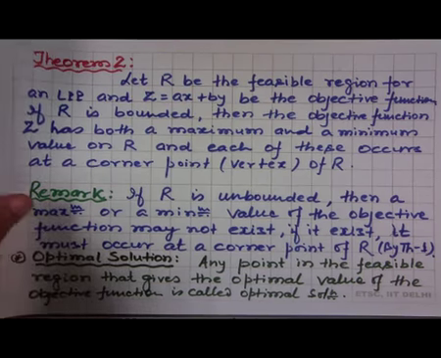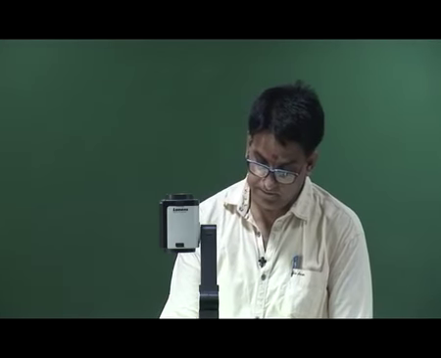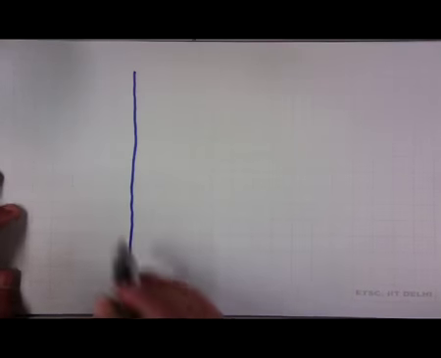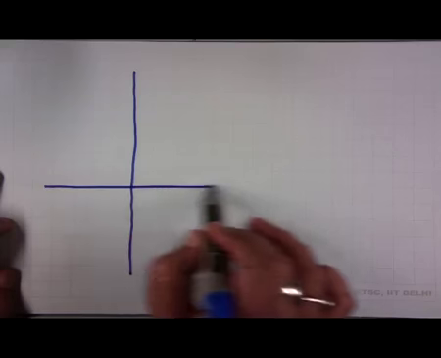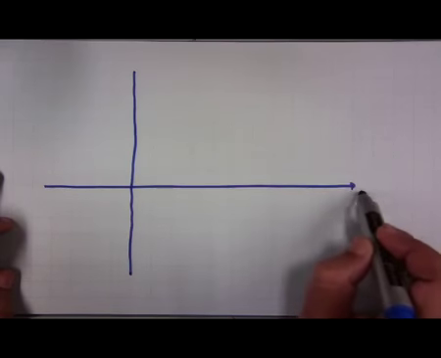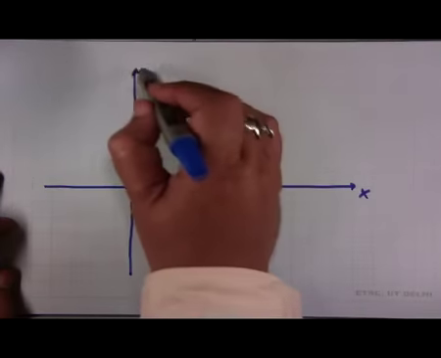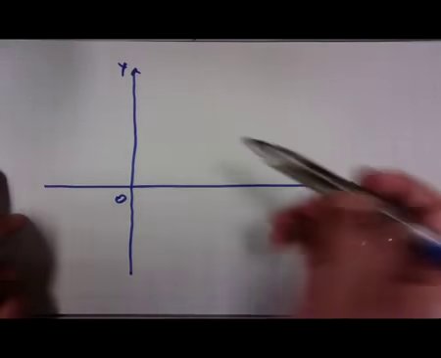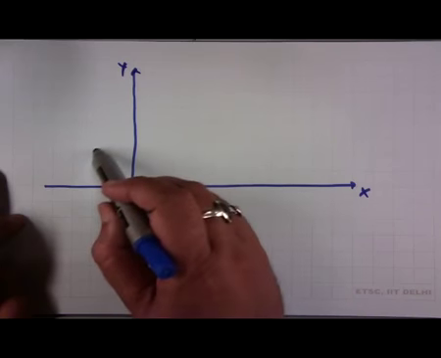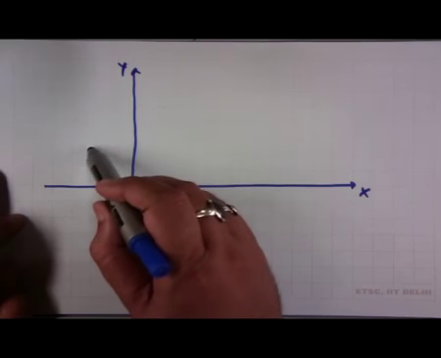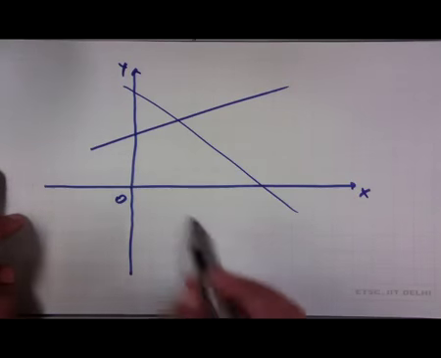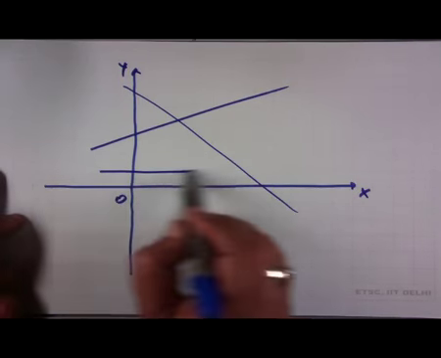So, let us discuss this theorem on a diagram. Again consider 2 constraints like this and 1 constraint, say this.